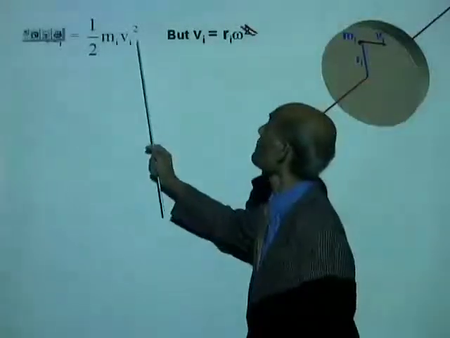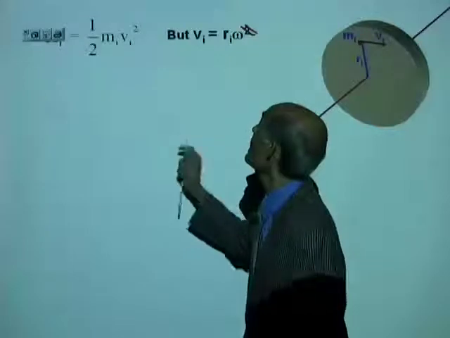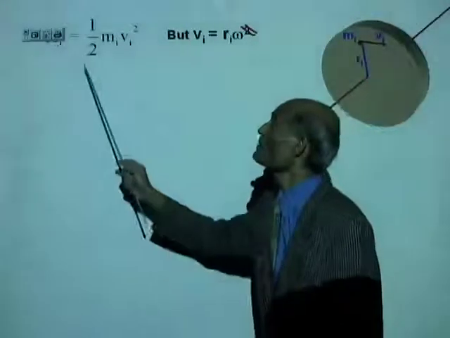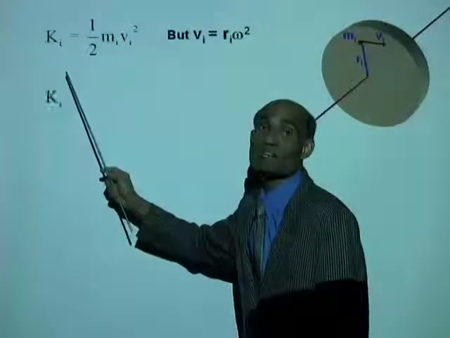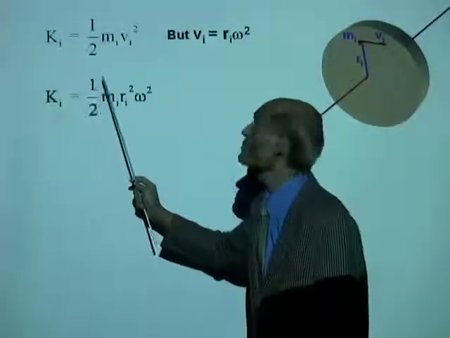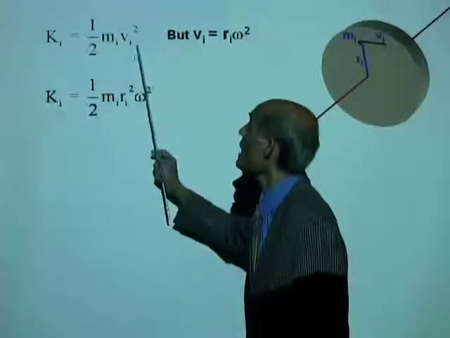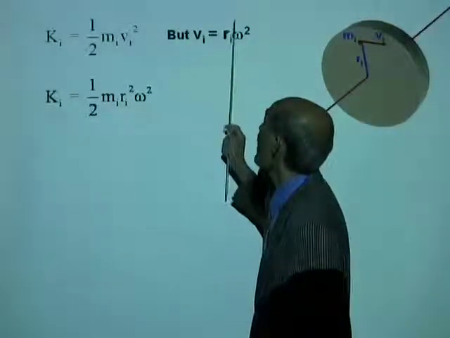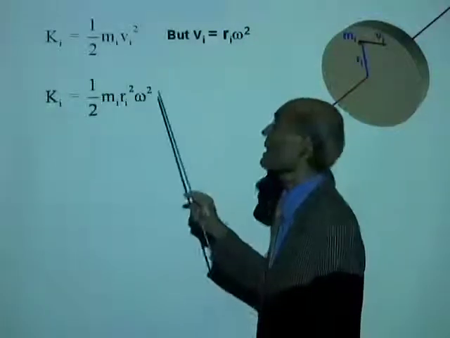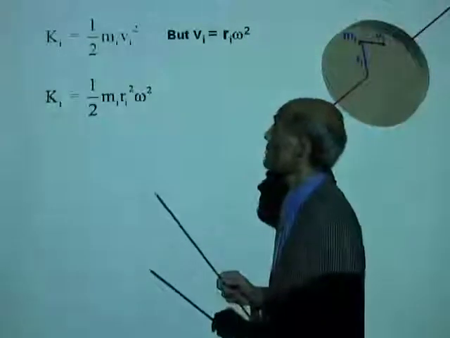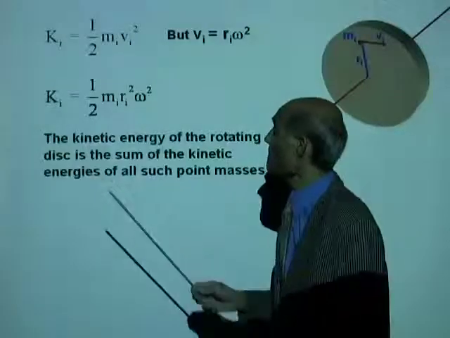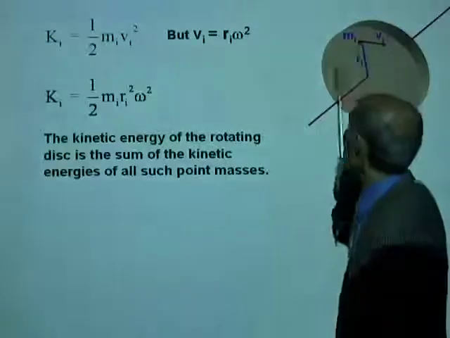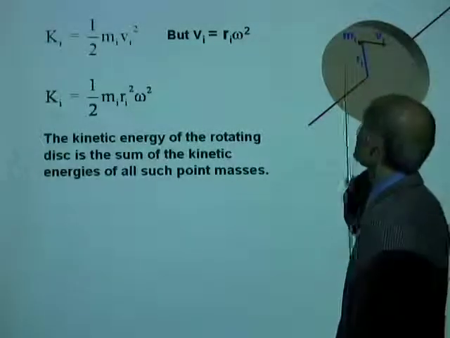So if you now replace this Vi by Ri omega, what will be the expression for kinetic energy? Ki now equal to 1/2 mi, Vi squared becomes Ri squared omega squared.